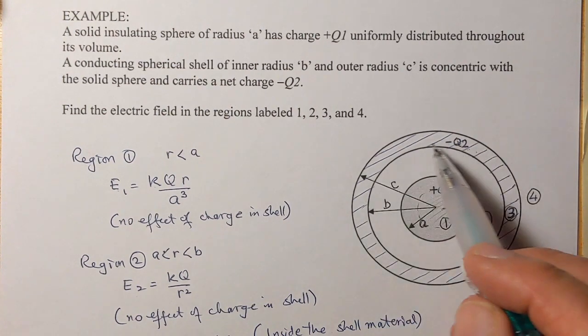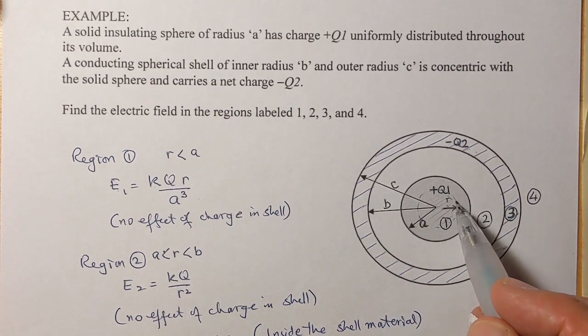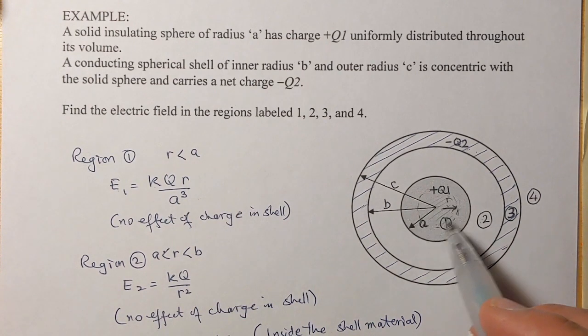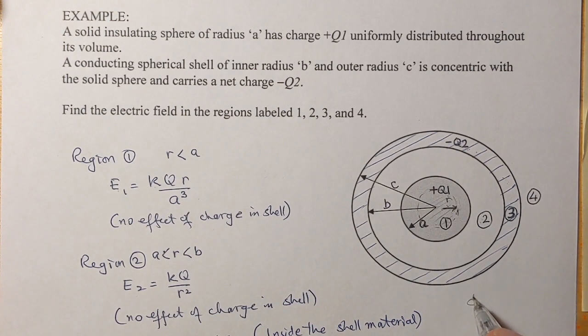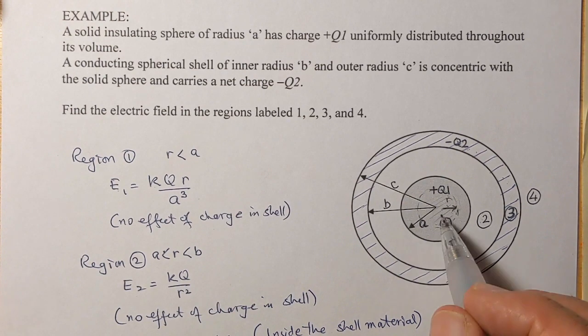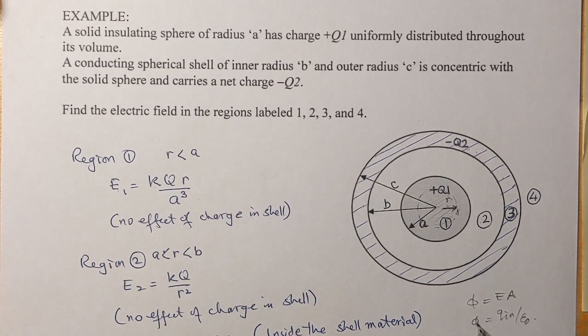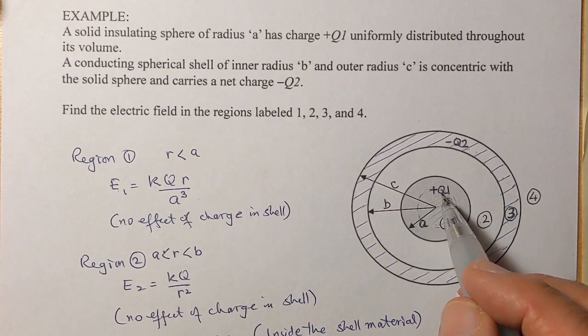This charge has no effect on the electric field here because that's a Gaussian surface and this charge is outside the Gaussian surface. And any charge outside the Gaussian surface will have no effect on the flux, because that's equal to Q in over epsilon naught. So because there's no charge inside, there's no flux due to this charge, and so whatever electric field we have will be dependent on only this charge.